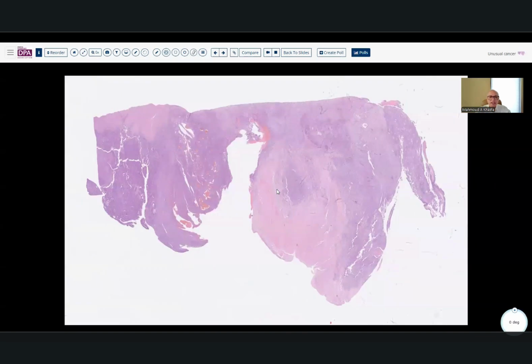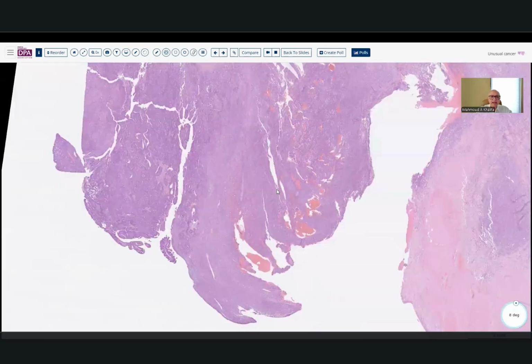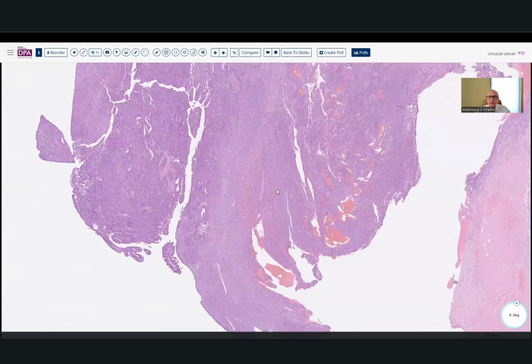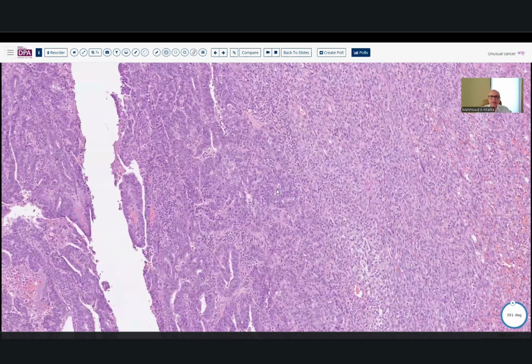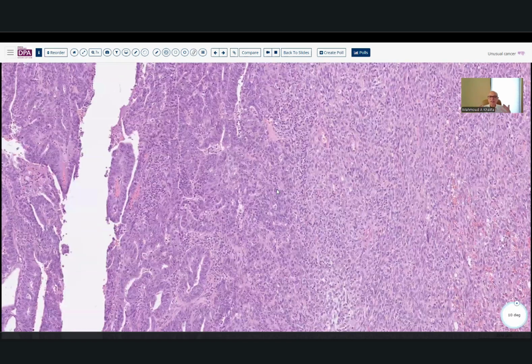Again, another section, I just want you to see the solid areas on this side and the glands on this side, separated as if they are separated by a straight line. So this is the definition of dedifferentiated carcinoma, when you have solid areas and glands, but they are separate from one another. Usually these tumors are MMR deficient.